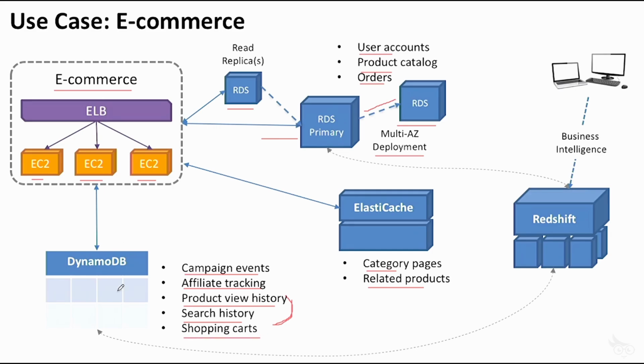From there, we will take all of the information stored in DynamoDB, all of this, and we'll take everything stored in our relational database, and we will copy all of that into Redshift so that we can perform very complex business intelligence queries on the entire set of data and to be able to determine those kinds of relationships.